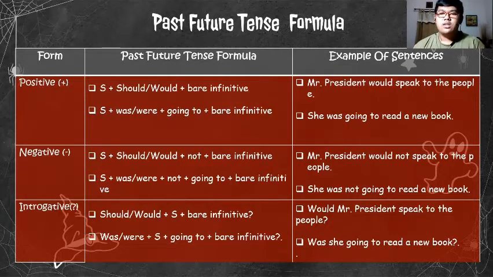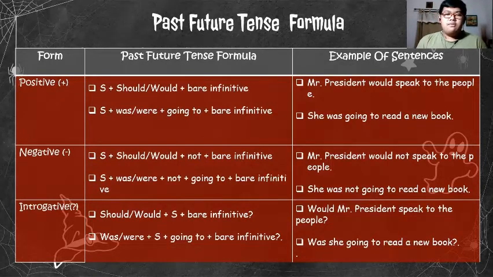She was going to read a new book. And then negative. The negative form is subject plus should or would plus not plus bare infinitive, like Mr. President would not speak to the people. And then the second one is subject plus was or were plus not plus going to plus bare infinitive. She was not going to read a new book.